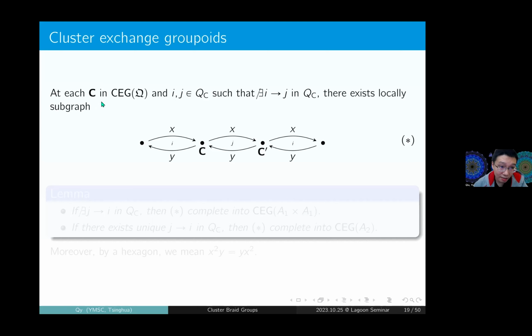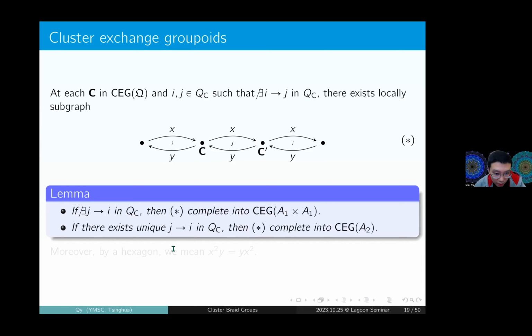For each cluster in the cluster exchange graph, you take two vertices I and J of the corresponding quiver. Because we kill all 2-cycles, you can assume there is no arrow from I to J. Locally, you can mutate at I or J, so you have this piece of subgraph.